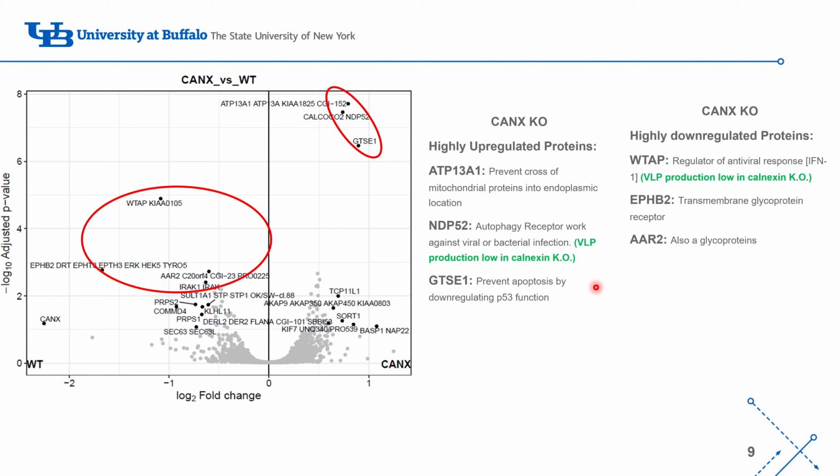This downregulation of the glycoproteins indicates the role of calnexin in the glycosylation pathway. Absence of calnexin leads to less production of these glycoproteins, as some of them might move into the ERAD pathway because they are not able to acquire their native structure.